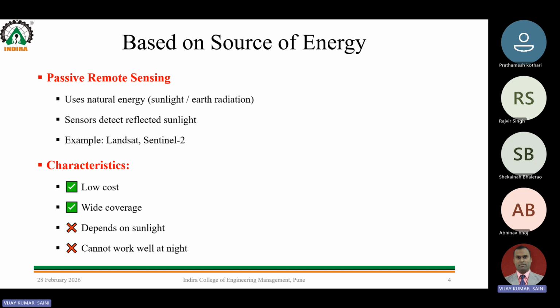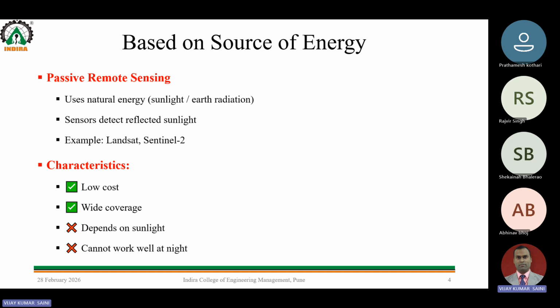So from the natural sources that we have, it is taking energy, and some part of it is absorbed, some part of it is reflected. Examples of passive satellites are basically Landsat and Sentinel 2.